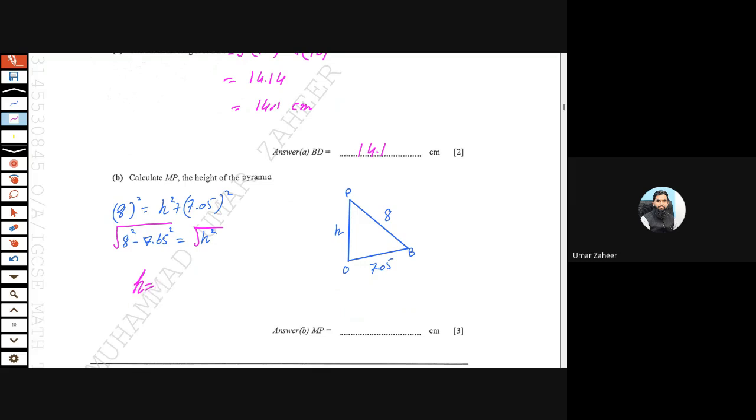That will be equal to 3.78 centimeters. Yes, I got 3.78 too. Okay, 3.78.